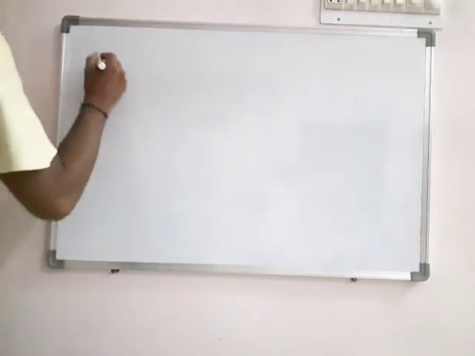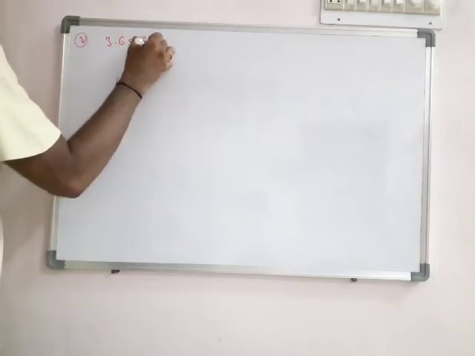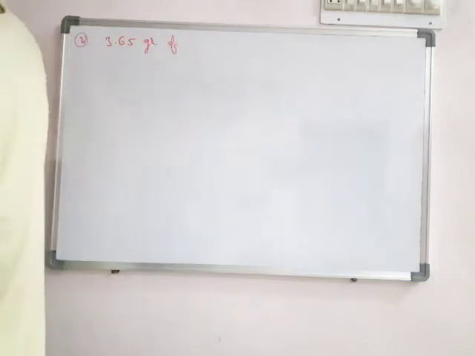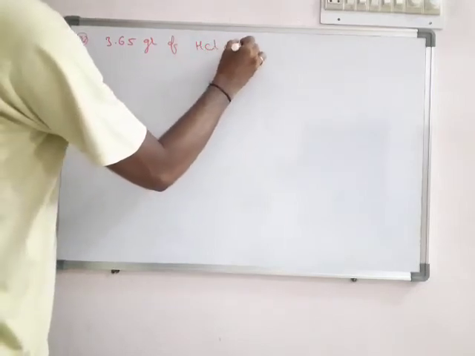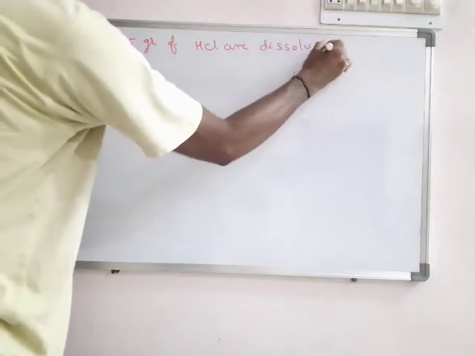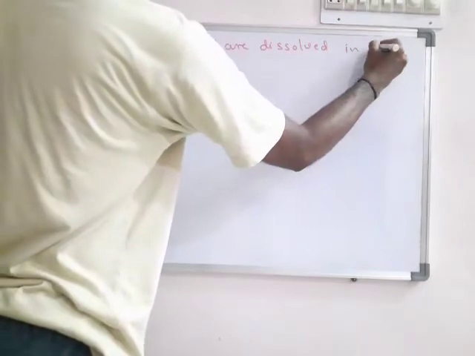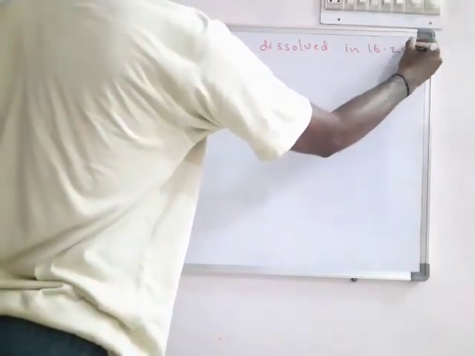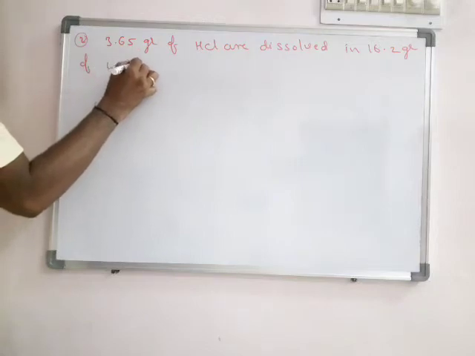3.65 grams of HCl are dissolved in 16.2 grams of water.